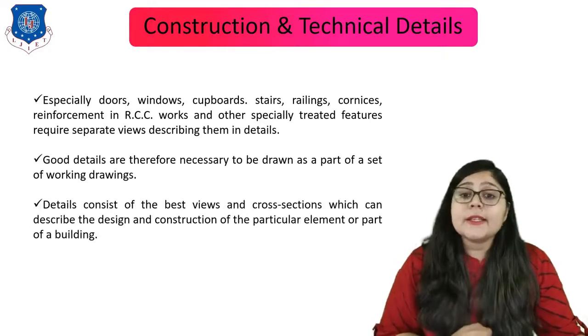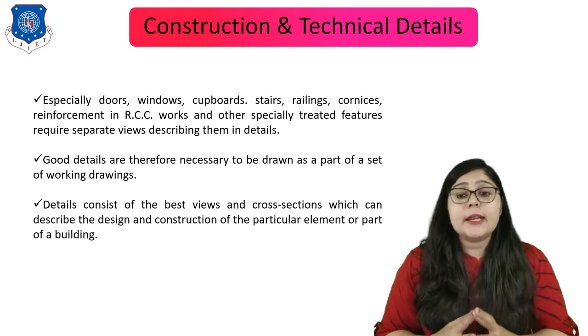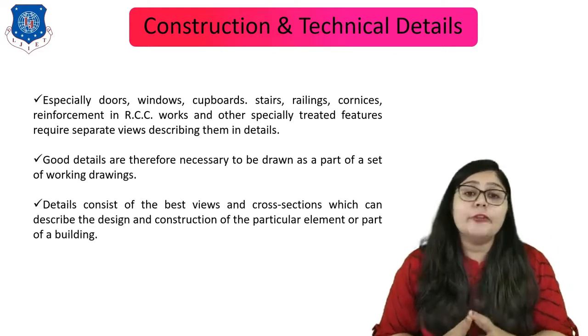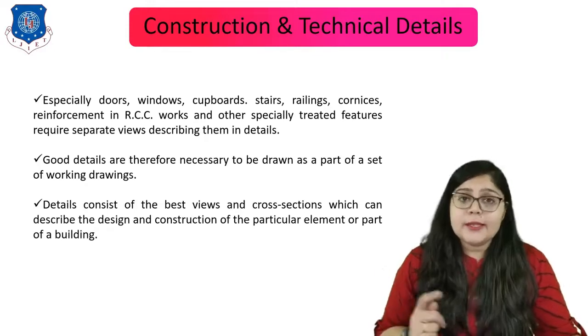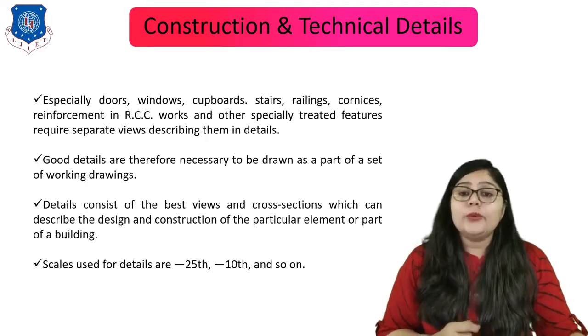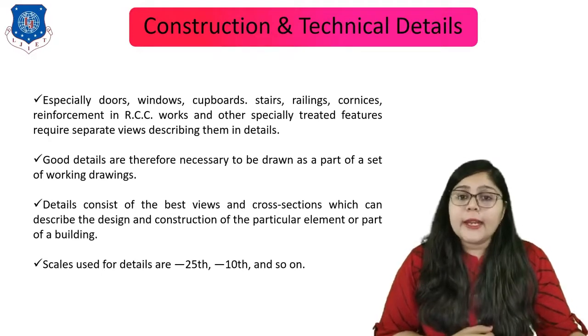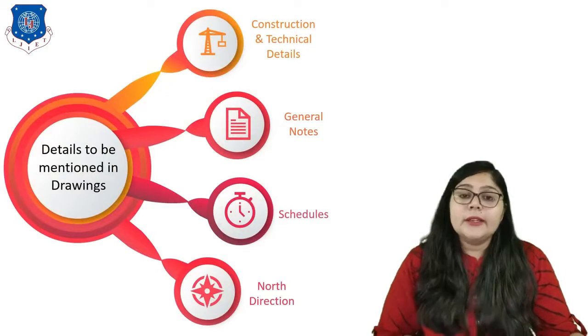Details consist of the base views and cross sections which describe the design and construction of the particular element or part of a building being considered. The scales used for details are 1:25, 1:10 and so on, right? So this is all about the construction or technical details.